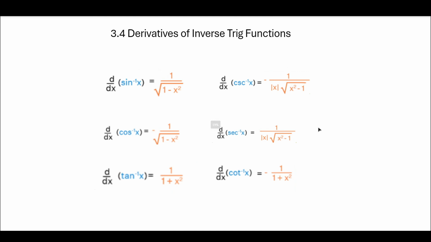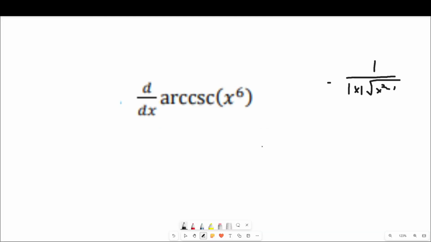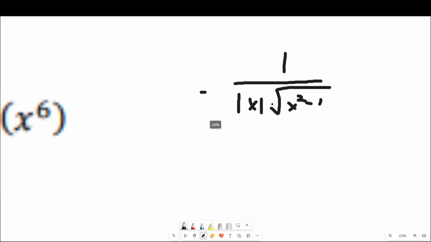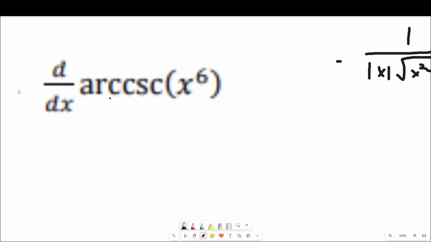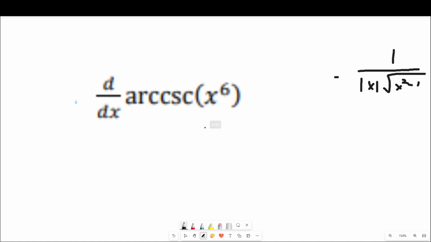So we're going to do some quick 2 questions or 3 or so. Alright, first question is just the inverse of cosecant of x to the 6th power. And I wrote the rule right here. It's just 1 over absolute value of x times square root of x squared minus 1, and it's all negative. And we're going to solve this derivative, so let's do that.